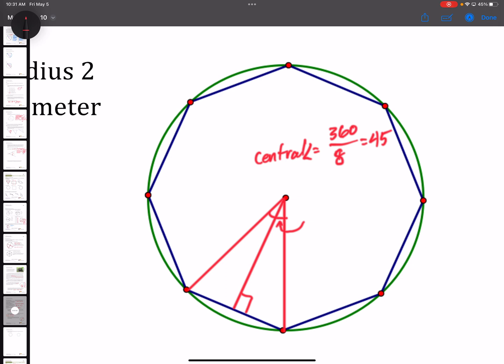Would it also be an equilateral triangle? No. It is still isosceles, but it's no longer equilateral, right? Because now we know that these angle measures as well are 67.5.